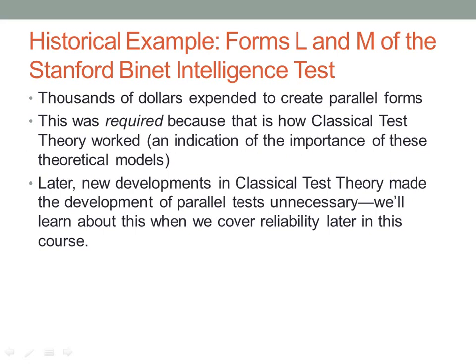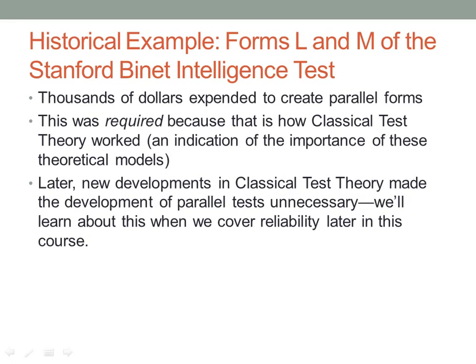But it wasn't all bad to have 2 forms of a test. Remember when we were talking earlier about the 5 assumptions of classical test theory, that one of the assumptions is you have a person take a test over and over again, and the average of those tests is their true score. Well, once you had parallel forms of a test, like 2 forms of the Stanford-Binet, you could give both tests to a person at 2 different times, perhaps.